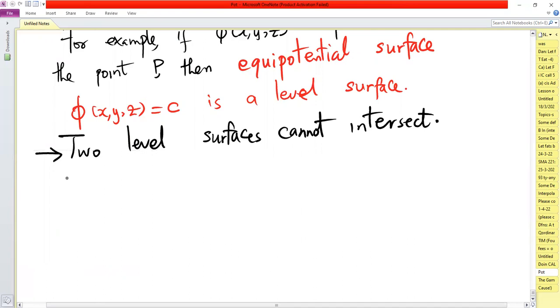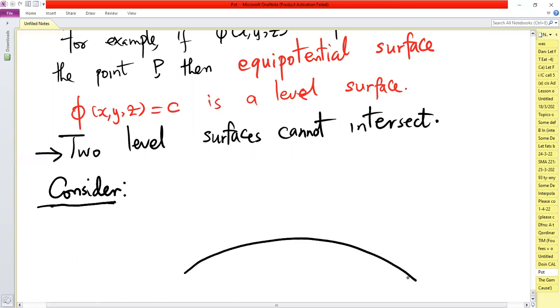So consider, let's draw some, two, say this curve, and then these are the curves. So let's have a point P at this point.